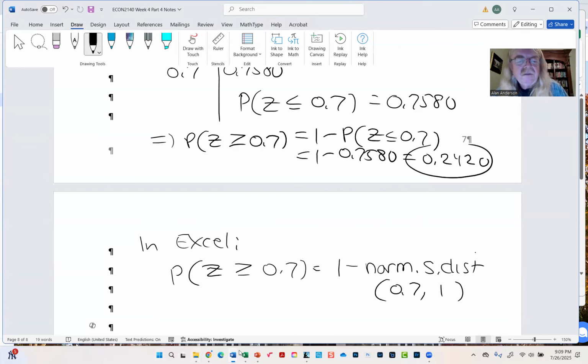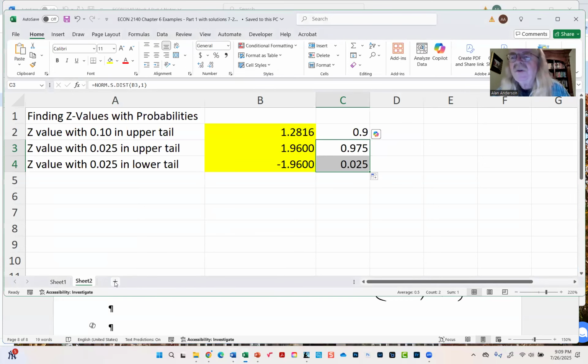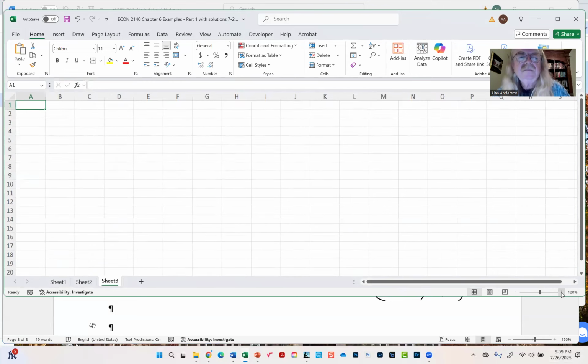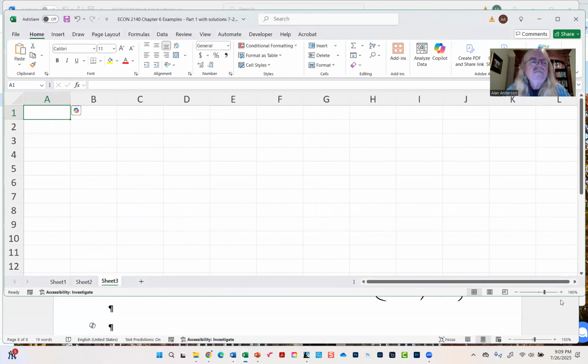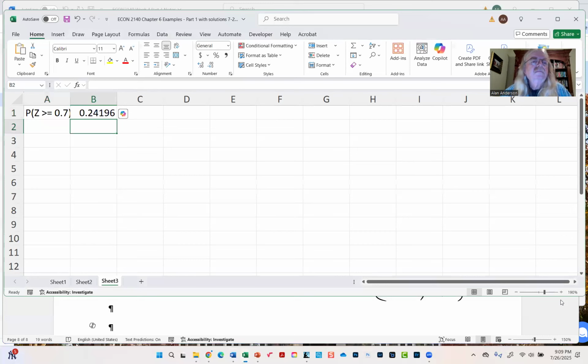Let's come over here to Excel, although it's not part of this spreadsheet. Well, let's throw in a third sheet just to prove it. We could change this to 4 digits. There you go.